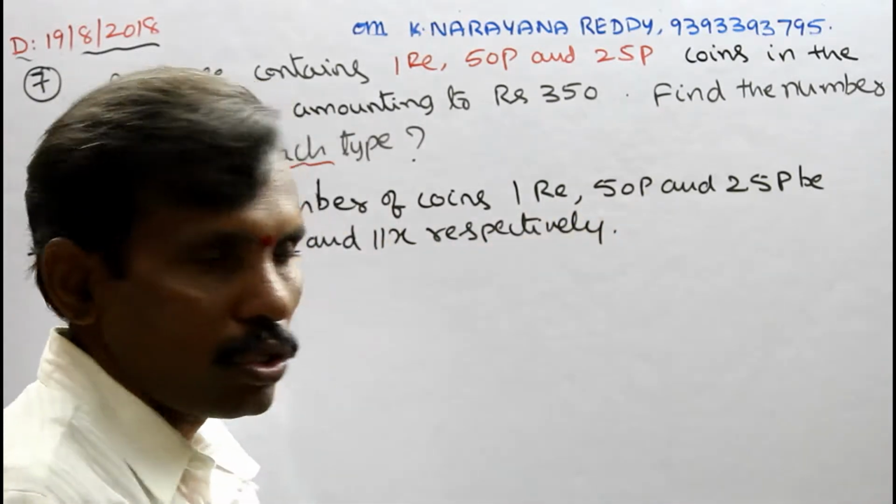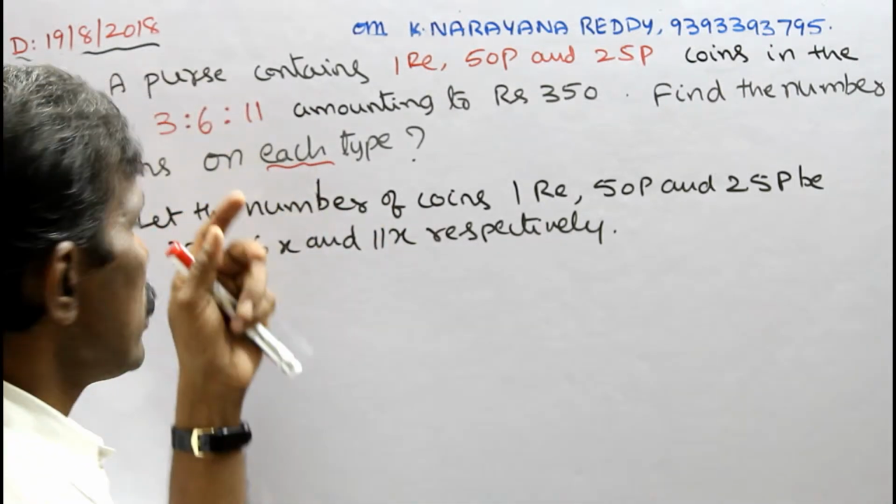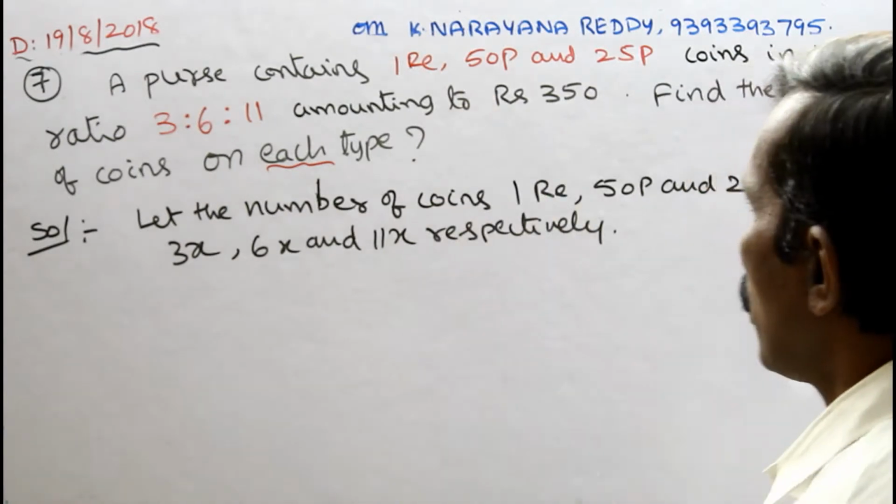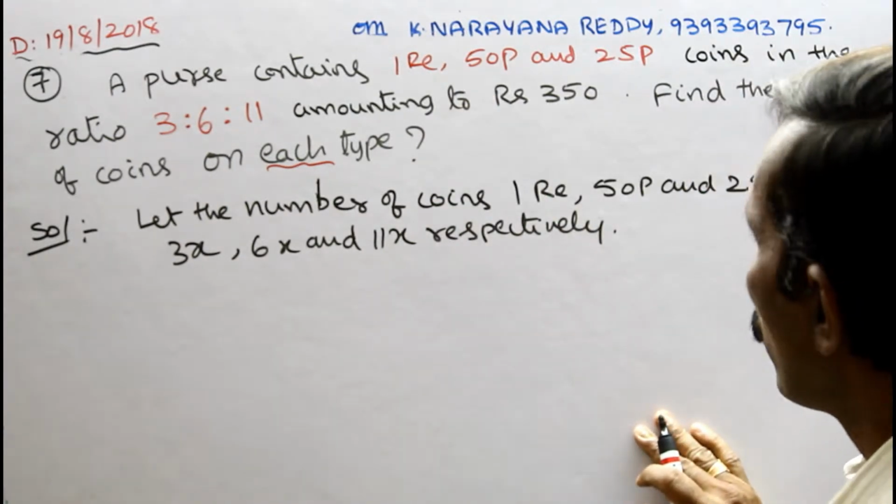Okay, so you are considering the number of coins as 3x, 6x and 11x.